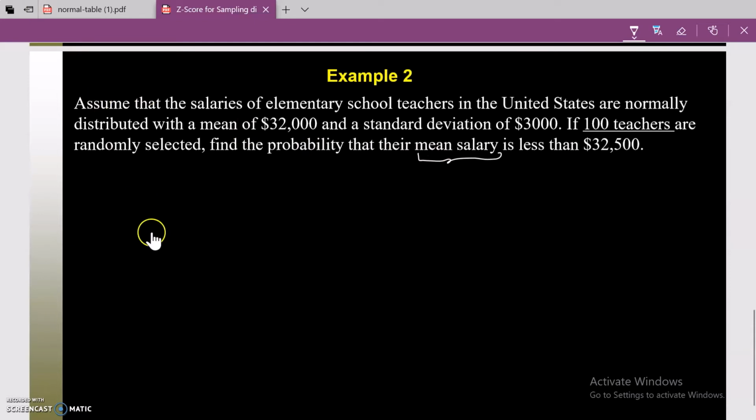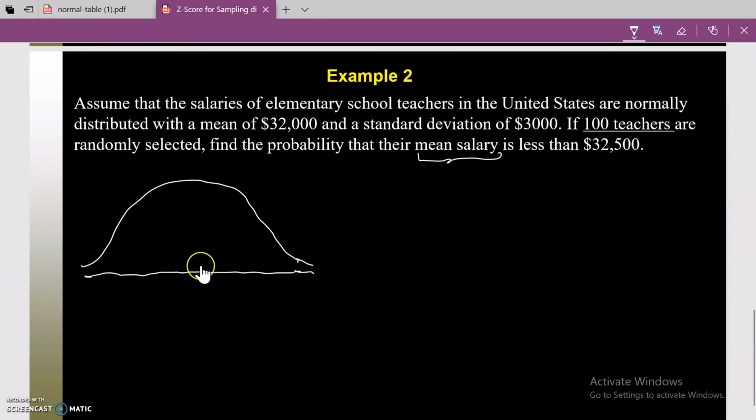So what we are going to do, again, we're going to start in a similar fashion. We're going to draw a bell-shaped curve. Here we are, the bell-shaped curve. Exactly in the middle, write the mean value. Mean is 32,000.